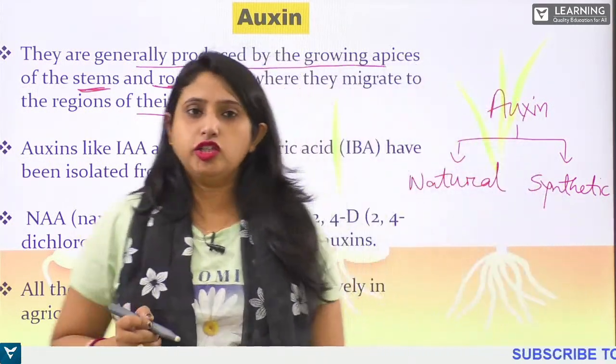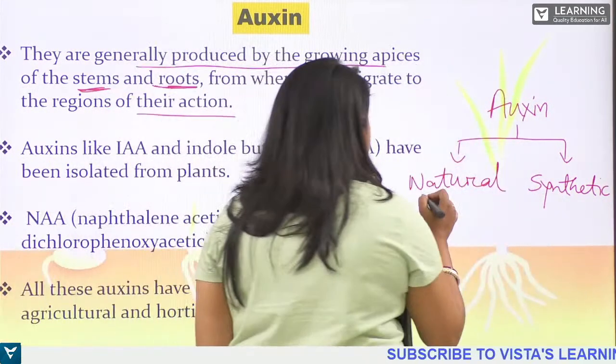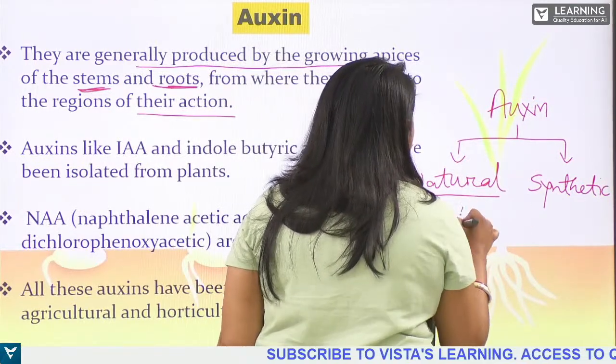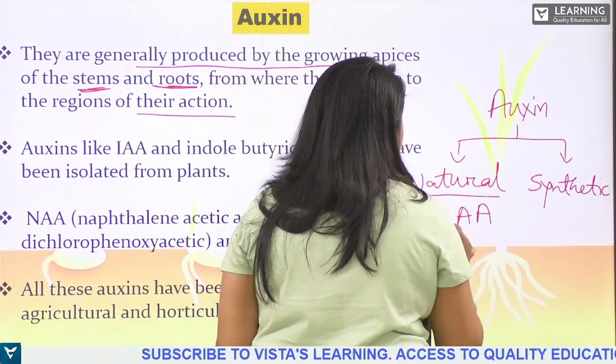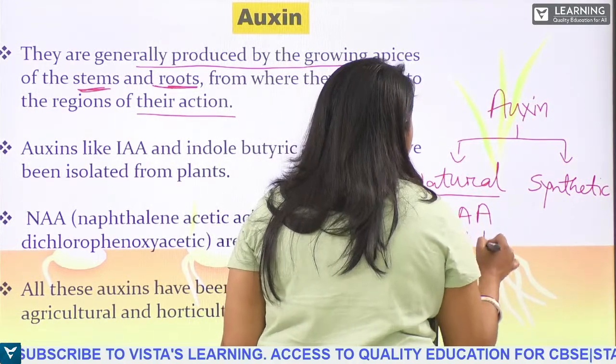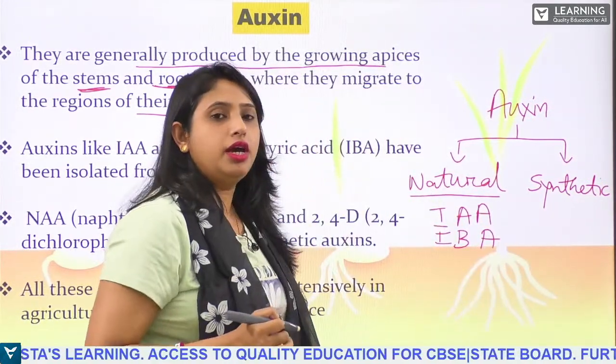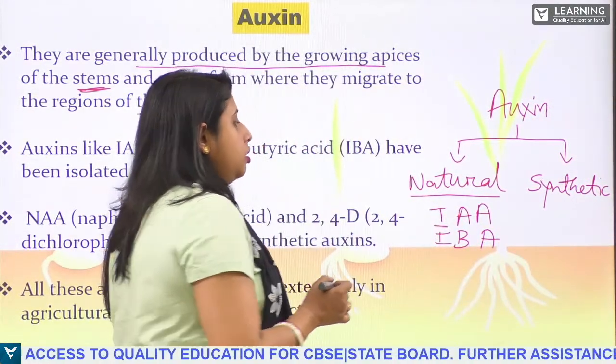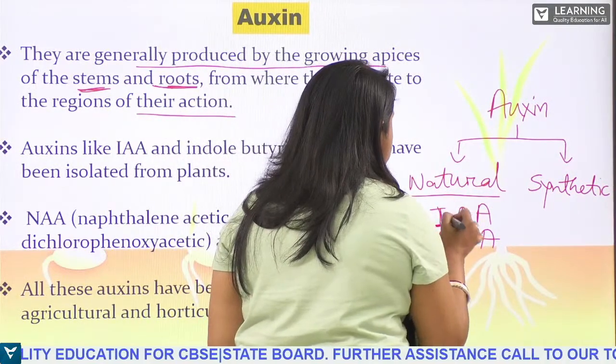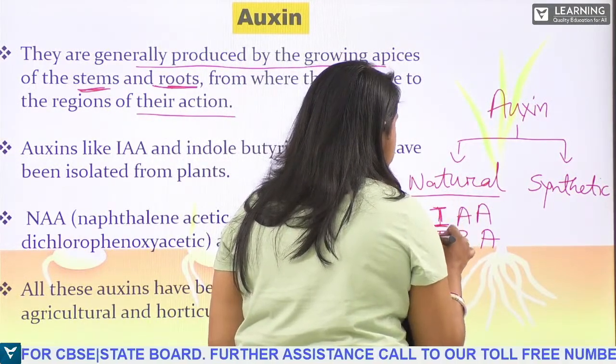Some of the natural auxins are indole acetic acid and IBA, indole butyric acid.